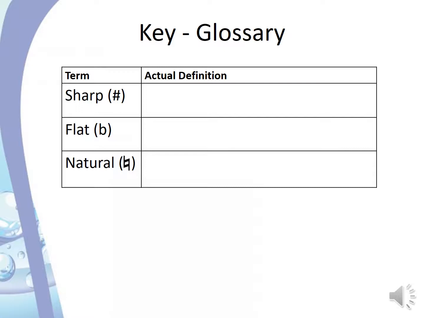The first symbol looks like a pound sign or a number sign and is known as a sharp. A sharp, when placed next to a note, will raise the pitch of that note by something known as a half step. Here is an example of a C followed by a C sharp.